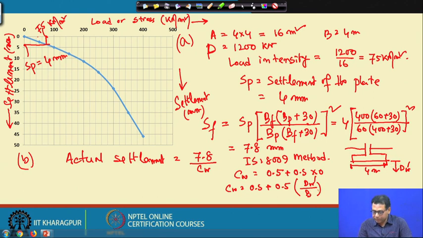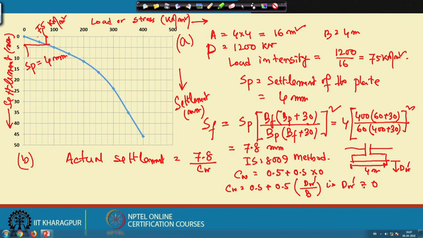So, dW dash is equal to 0, which means CW is 0.5. So, for the IS code, this is 7.8 divided by 0.5, that will be equal to 15.6 millimeter. So, 15.6 millimeter is the actual settlement, your CW value is 0.5.